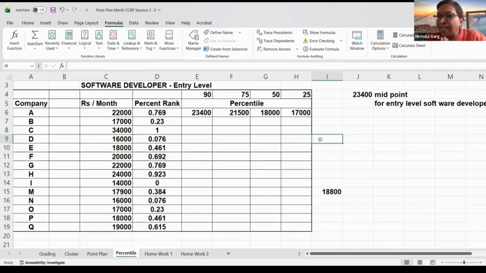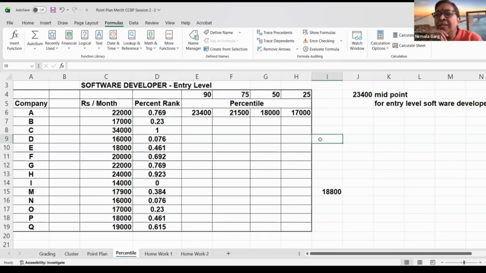So 23,400 is market data. Now that is my positioning. Have all of you understood? Because nobody will tell you this, and there is always confusion. So it depends on my recruitment policy. I want to be at a 90th percentile positioning.